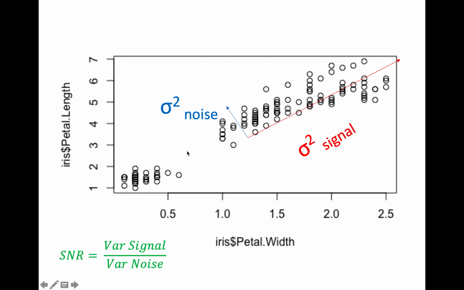Along this red axis, I have the most variation in the data. Now at 90 degrees to that, I have some noise around this new axis. So if I thought of measuring the width and length of the flower, actually I'm capturing only some of the variation.